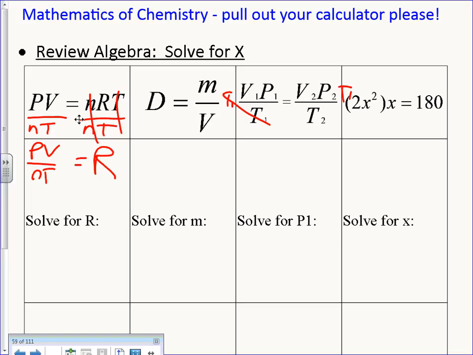Right, then you divide this side by V1 so that it cancels, and V1 just stays in the denominator over here because it's divided. So, in the end, P1 is equal to V2 P2 T1 over T2 V1.